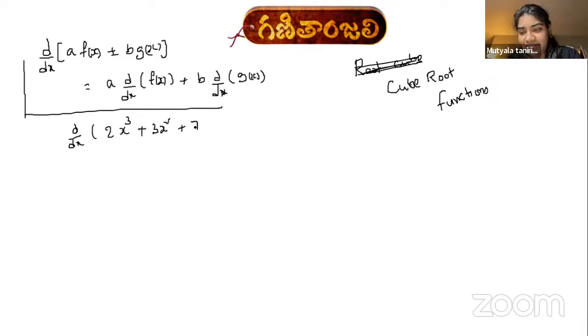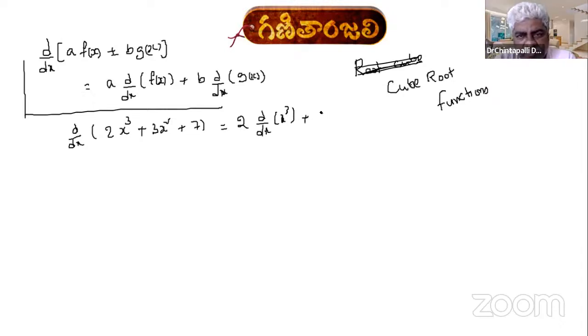d by dx of 2x cube plus 3x squared plus 7. How to find it by using that formula? 2 times d by dx of x cube, plus 3 times d by dx of x squared, plus d by dx of 7.